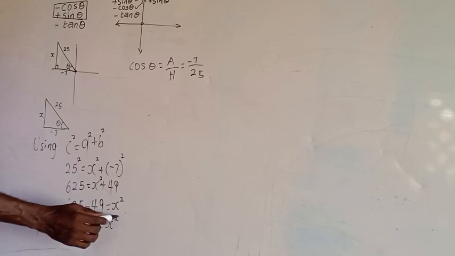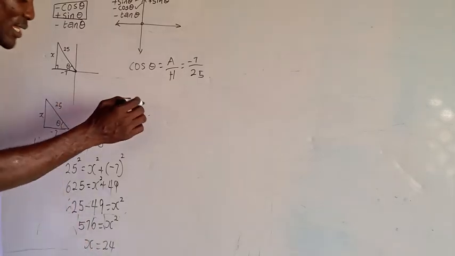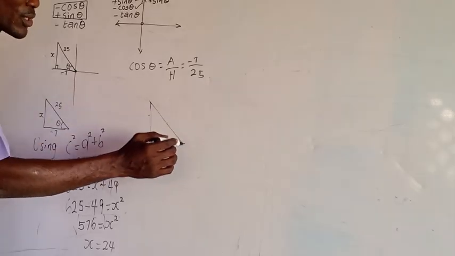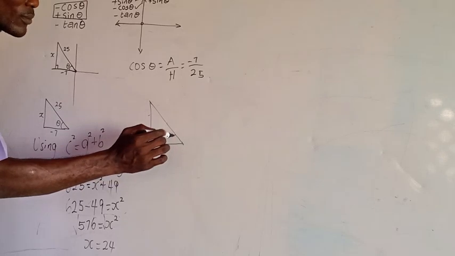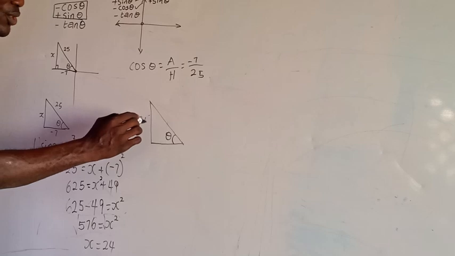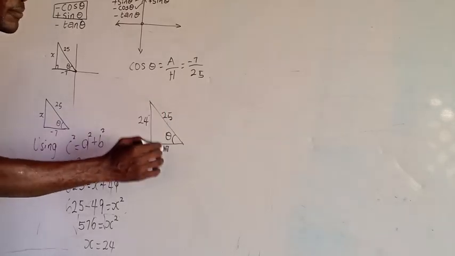You just need to take the square root of both sides. And here, x is 24. So, x is 24. What we are saying in essence is the triangle is expected to look thus. This is our theta. We just got x. So this is going to be 24. This is 25. And this is -7.